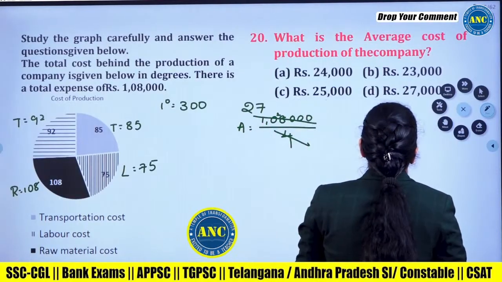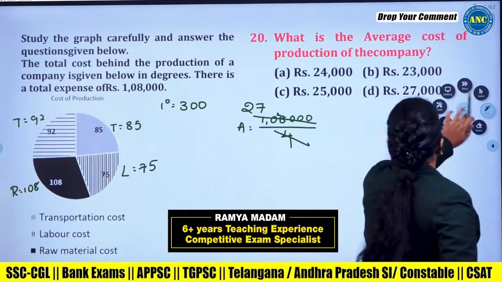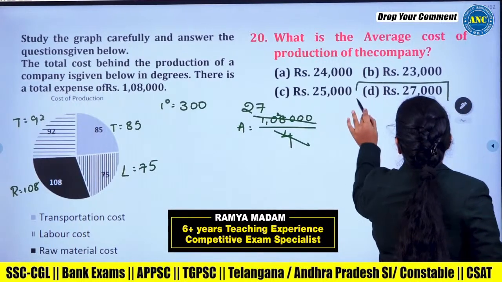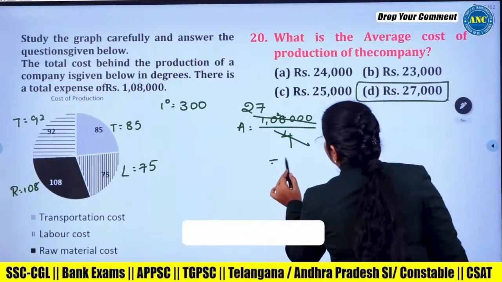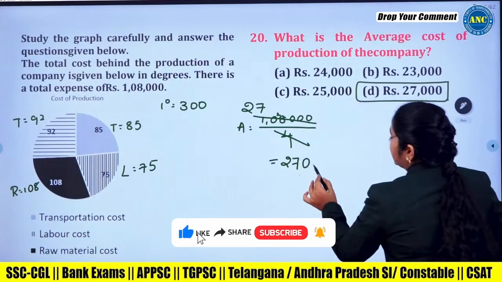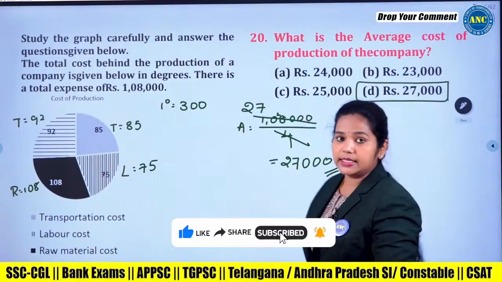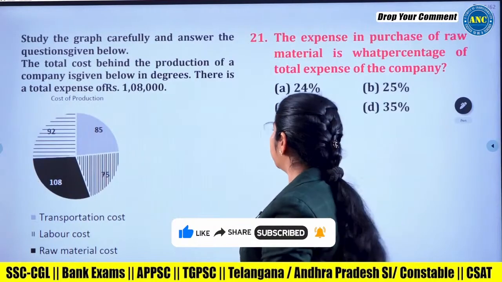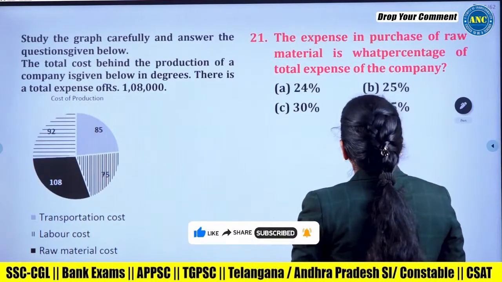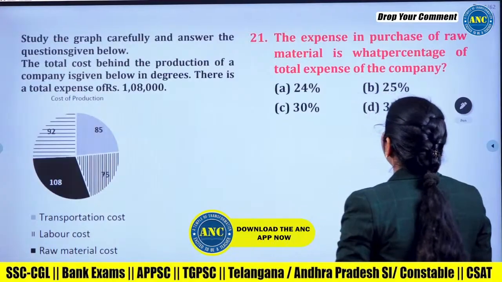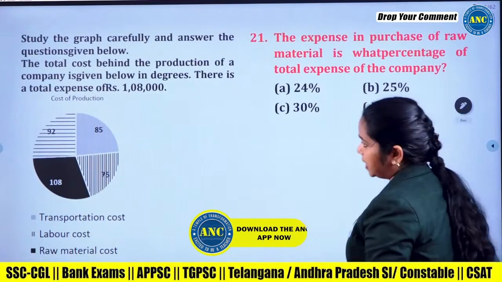See where we have 27. Yes, option D, 27,000 is the correct answer. Clear? Next question.